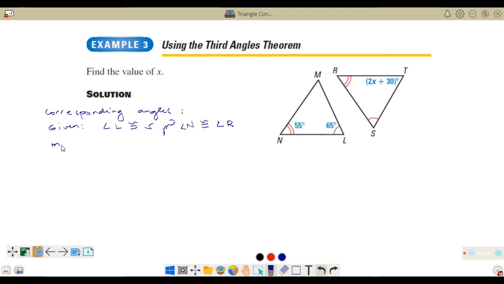So, measurement of angle M is equal to 180 degrees minus the measurement of the two angles. Shinortcut ko na ha. Dapat talaga measurement of angle L plus the measurement of angle N plus the measurement of angle M is equal to 180 degrees.